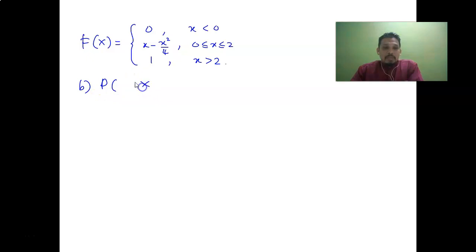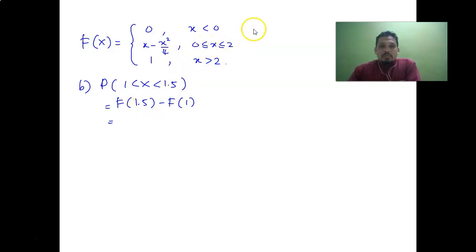Probability of x lying in between 1 until 1.5 equal to F(1.5) minus F(1). Okay, so 1.5 lies in between 0 until 2.